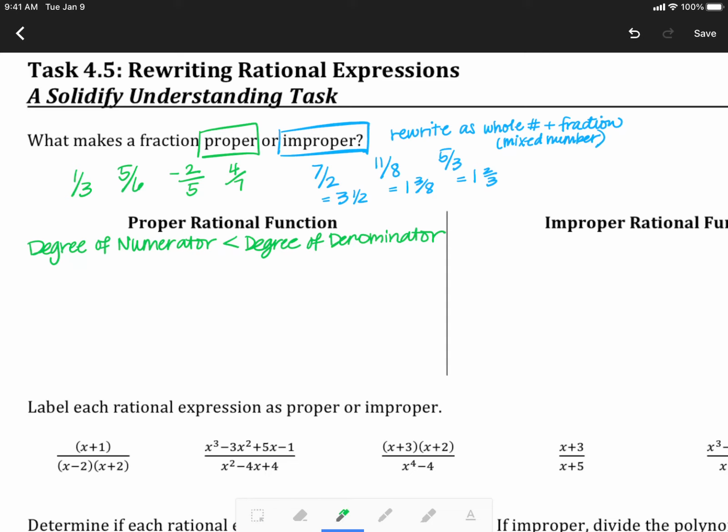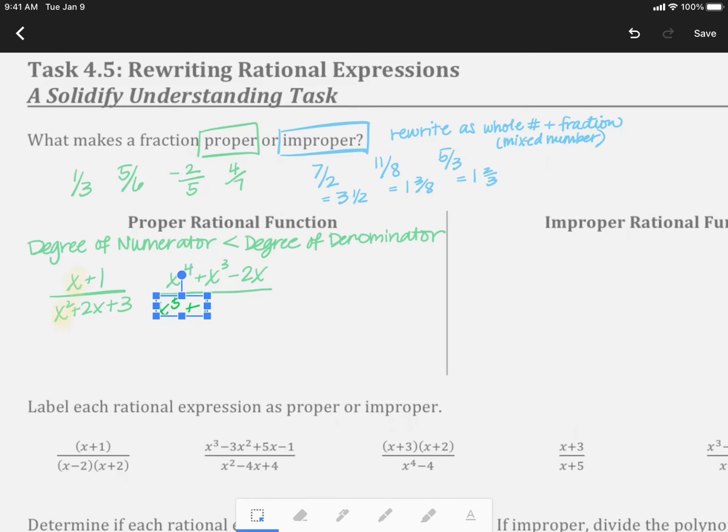So let's do some examples. If I had x plus 1, I could put that over x squared plus 2x plus 3. All that really matters is that the degree of the numerator is less than the degree of the denominator. Another example could be x to the 4th plus x cubed minus 2x over x to the 5th plus 1.